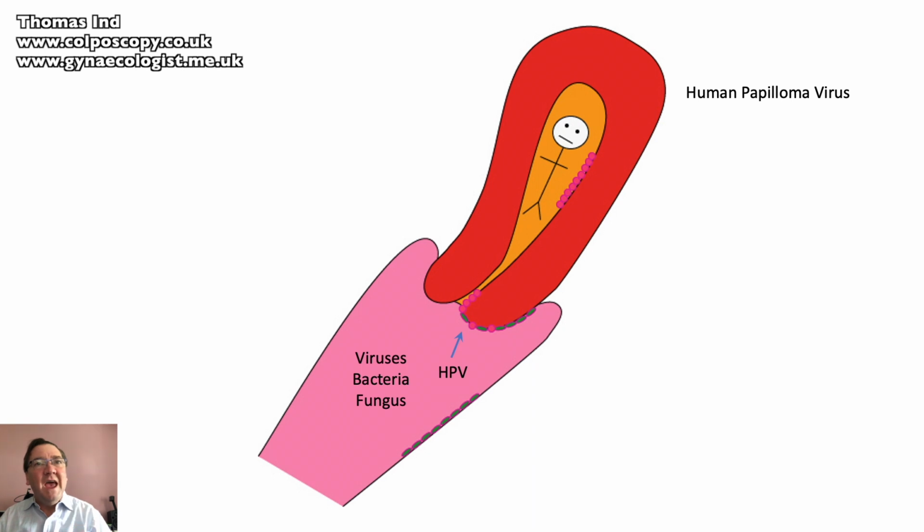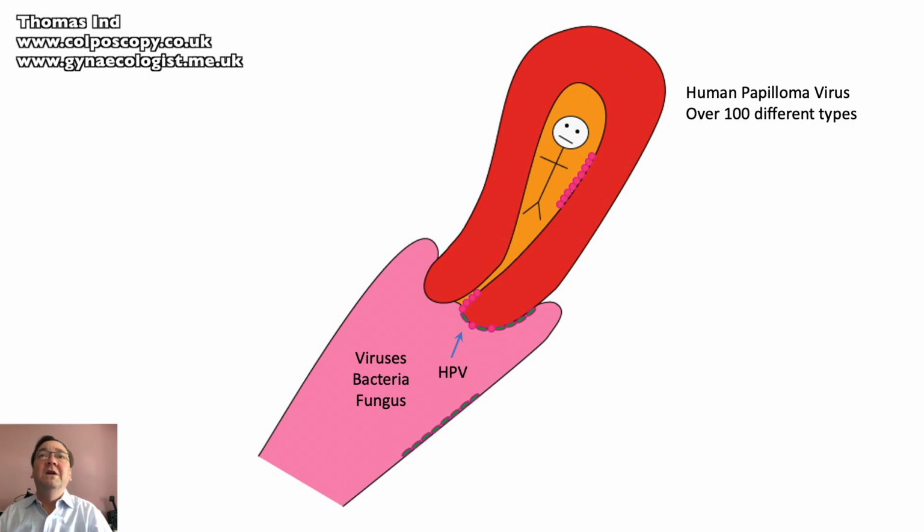HPV can get into these cells at this area in the transformation zone. It's a bit of a design fault because the hard, flat cells protect against infection, but if it's not a complete covering or there's a break in that area, the HPV virus can get into the cells of the cervix.